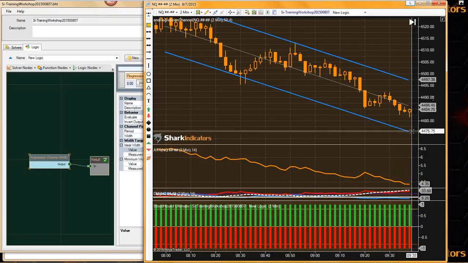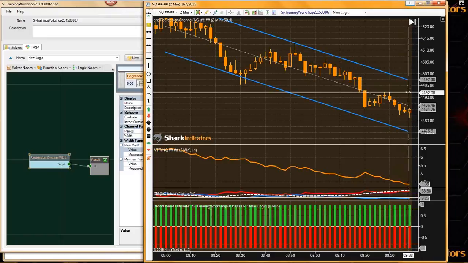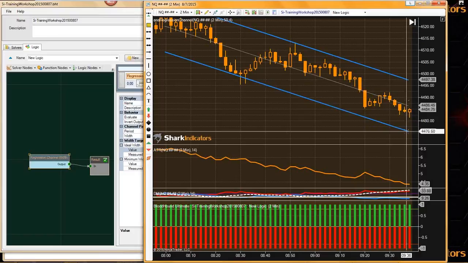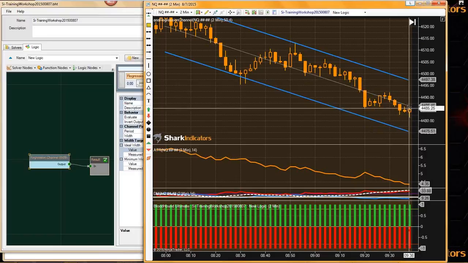So I'm just going to take a measurement of how wide the channel is. The width of the channel is being measured on the current bar here.